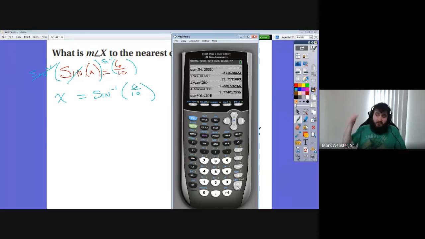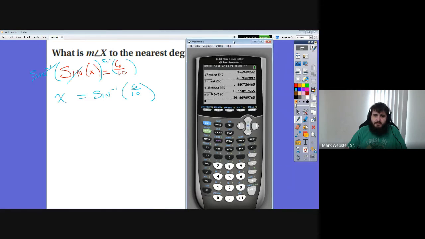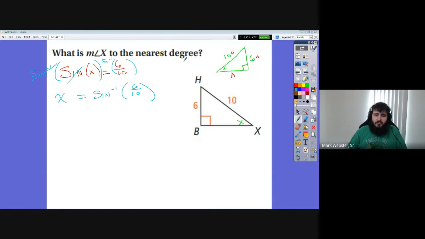And what this is going to give us is the angle that has the ratio 6 over 10. It's not going to be a nice number, but it's going to be what we get. 36.86989765, right? Now they say to the nearest degree, that means the nearest whole number, right? Because a degree is a unit, right? So what is this?